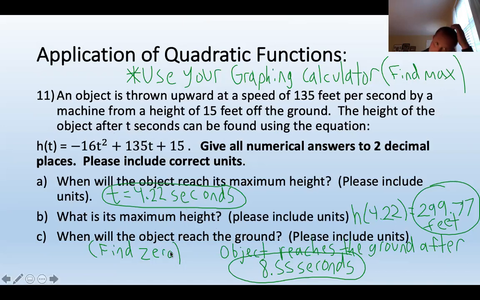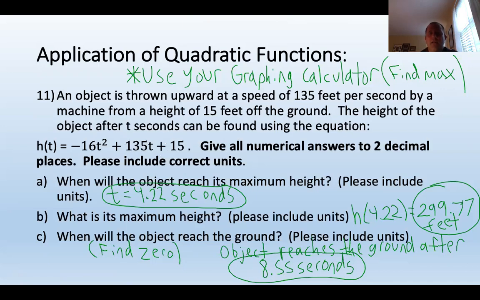Now there's a way you can use your calculator to find the zero as well. After you hopefully have already graphed this on your graphing calculator, you use second trace, and instead of highlighting maximum, you'd highlight zero.